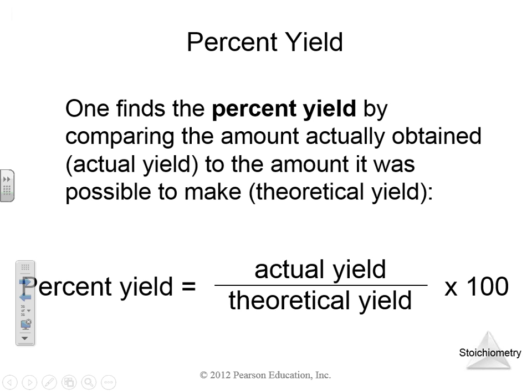So the actual is what you run in lab, and the theoretical is the math part. If you take the lab part divided by the math part, that's going to get you your percent. Now you want to be as close to 100% as possible. However, not all chemical equations work out to 100% yield all the time. You have variables that are going to affect your reaction as you go through things.